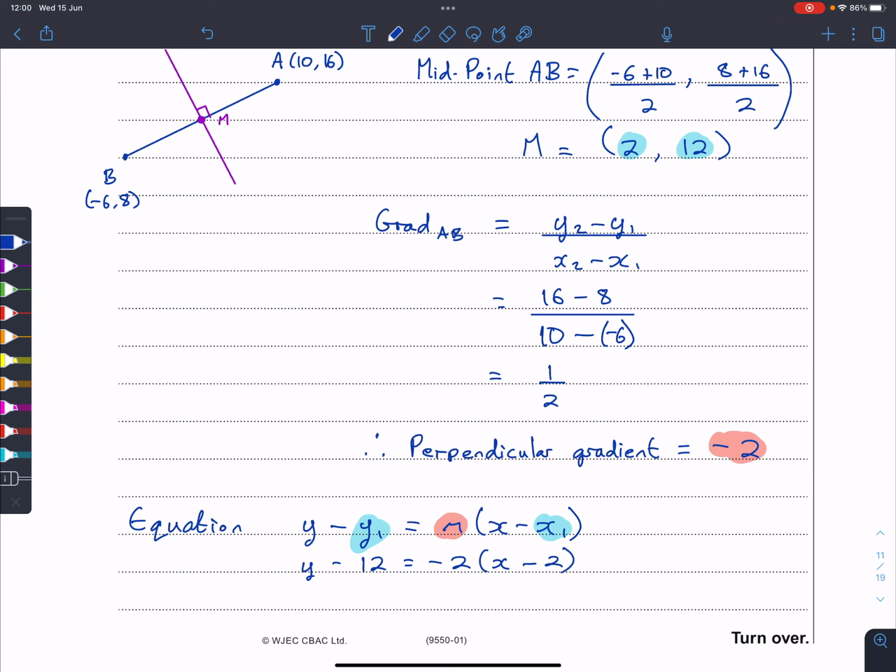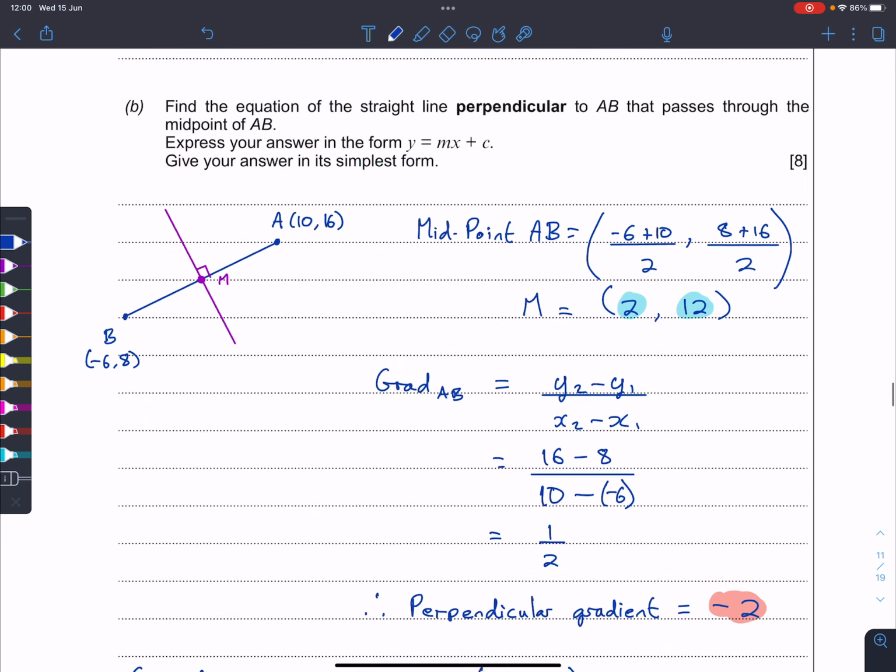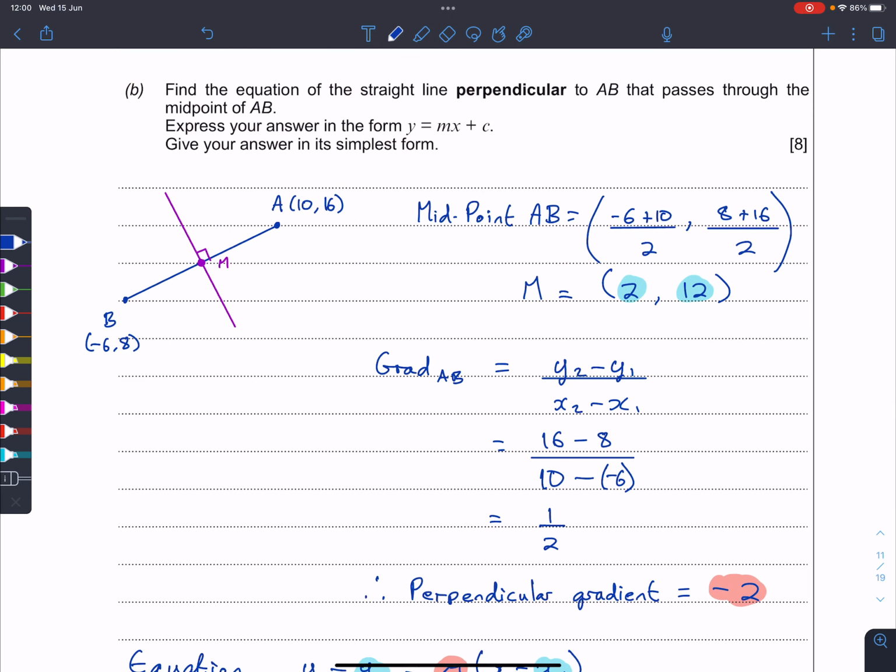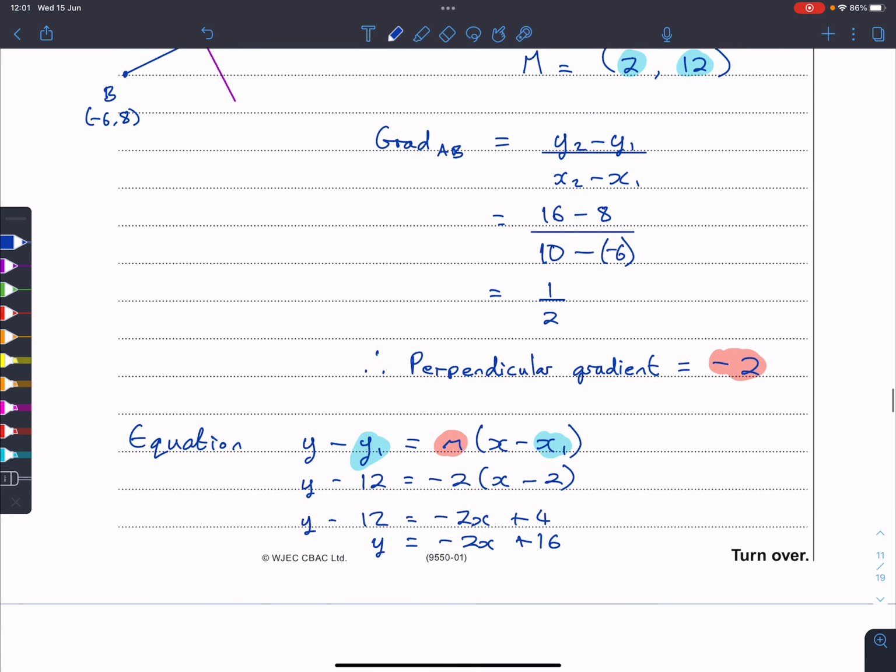That gives me y minus 12 equals negative 2x plus 4, which then leads me to, if I add on 12, negative 2x plus 16. And the question asked you to write it in the form y equals mx plus c in simplest form. Well, there you have it.